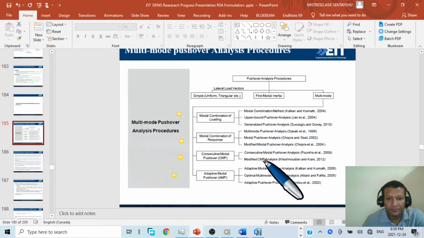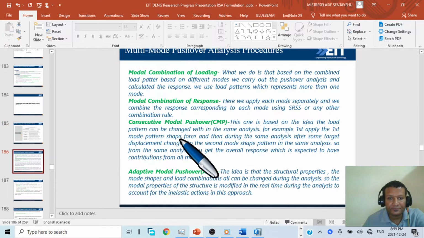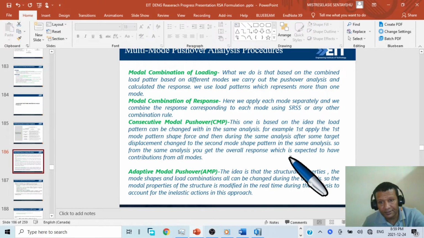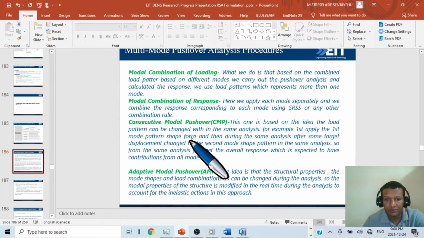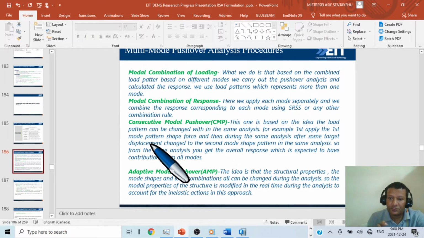The third one is consecutive modal pushover analysis, the modified CPM analysis. What they say is that this one is based on the idea that the load pattern can be changed within the same analysis. While you are doing the same analysis, we can change the load. For example, first apply the first mode pattern, shape, force, and then during the same analysis, after some target displacement, change to the second mode shape pattern.